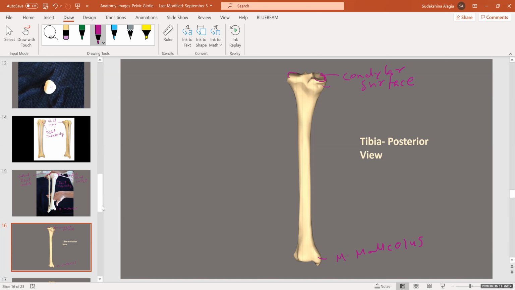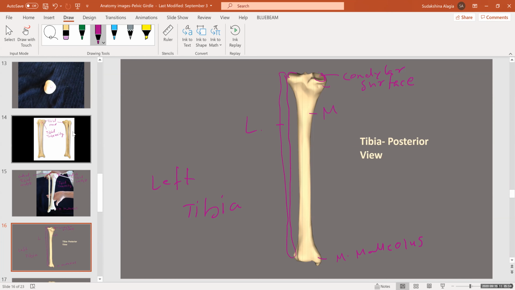Imagine someone is standing and looking at their bones from behind, posterior view. If this is medial malleolus, the lateral malleolus will have to be on the other side, meaning the fibula would be here. That's the medial bone, that's the lateral bone. This is the left tibia.